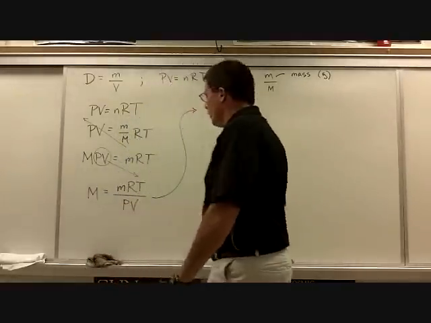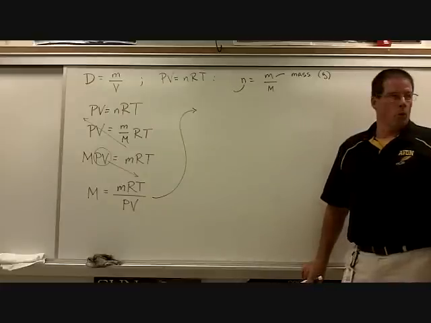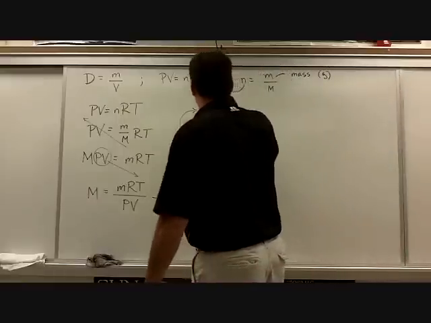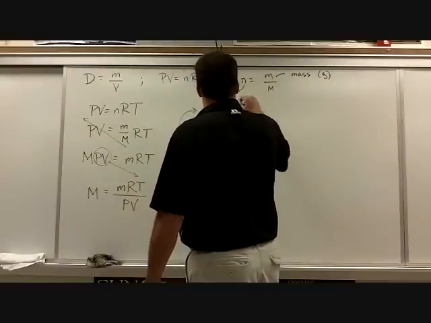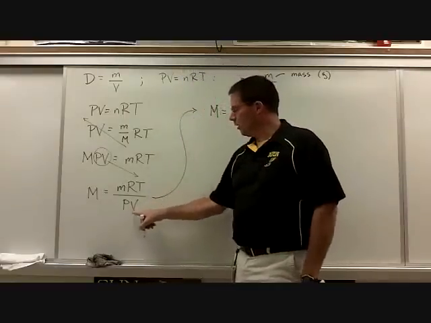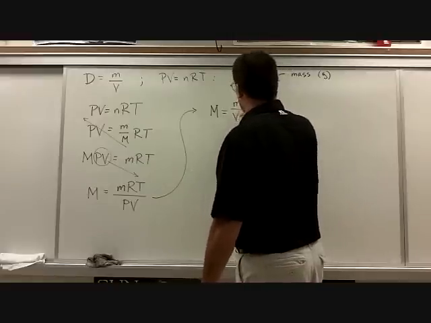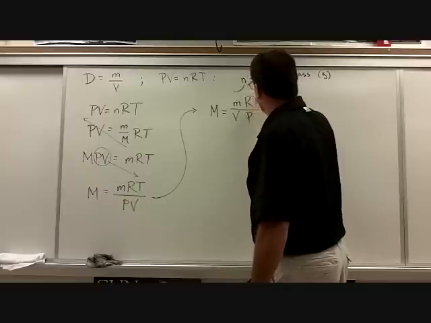However, we were not given a mass or a volume in this problem. What were we given? A density. So an even cleaner way to set this up is let's have V and P just trade places. Okay? So I'm going to put V right below it and then put P over here on the right. Leave the R and the T alone.